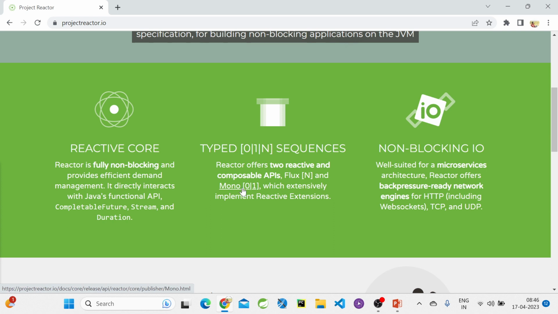Flux processes n number of requests. Project Reactor has a reactive core. It is fully non-blocking and provides efficient demand management. It directly interacts with Java functional APIs and compatible features, streams, and durations. We will discuss these functional Java APIs, compatible features, and streams in upcoming videos.